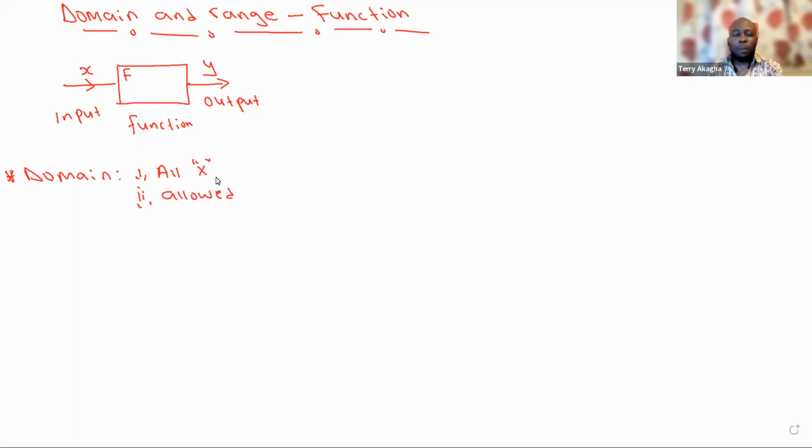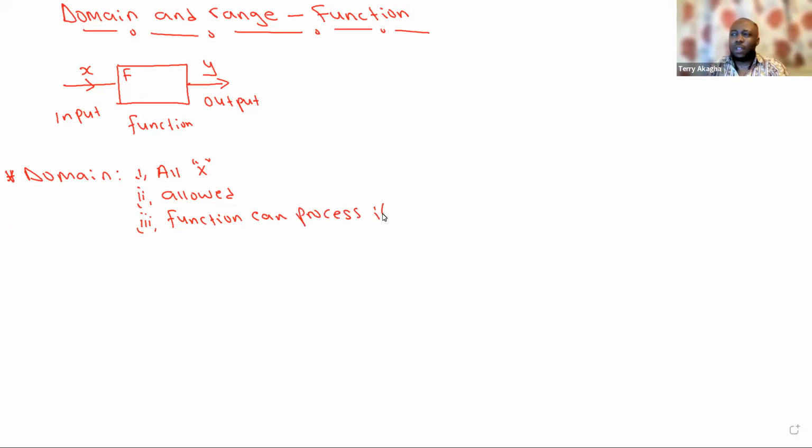That means all the input numbers of X that are allowed, that you can plug into the function, and the function can process it.